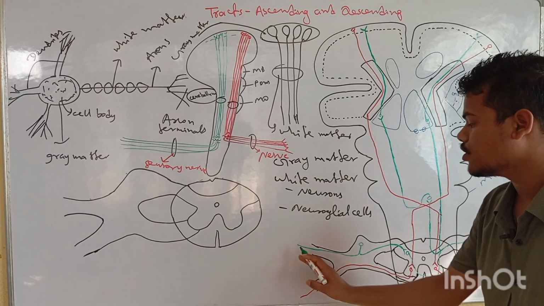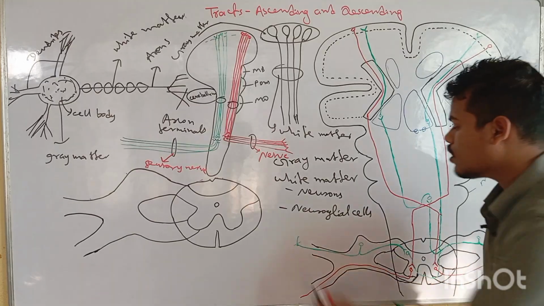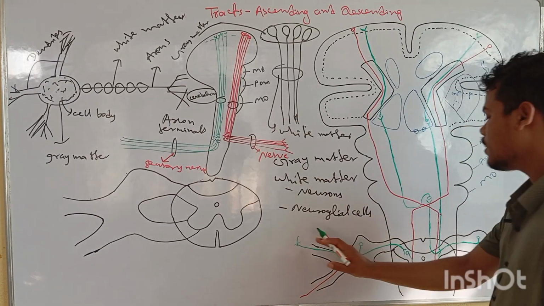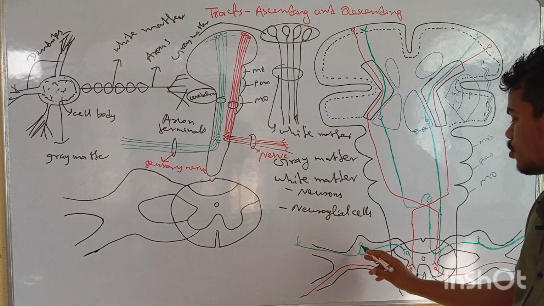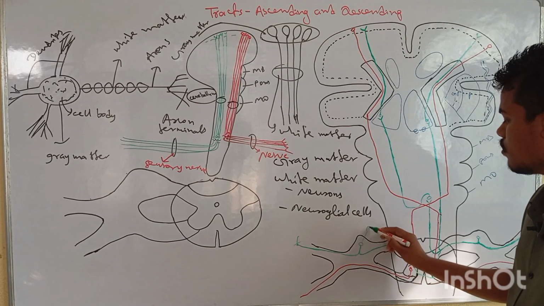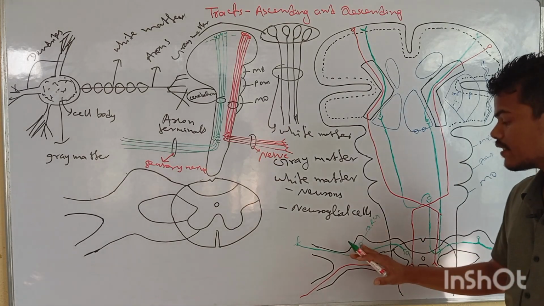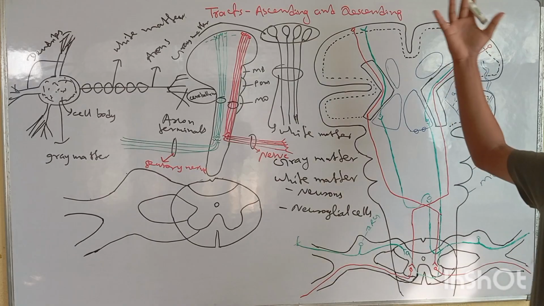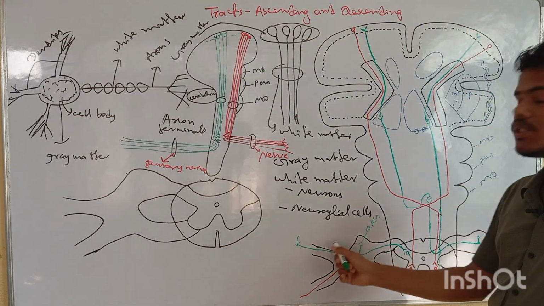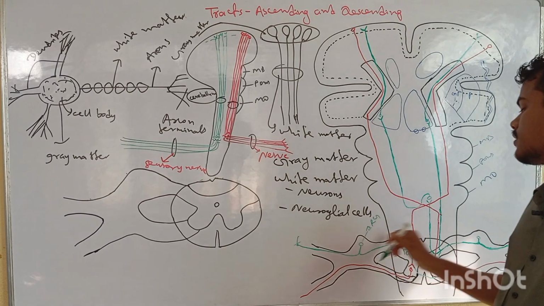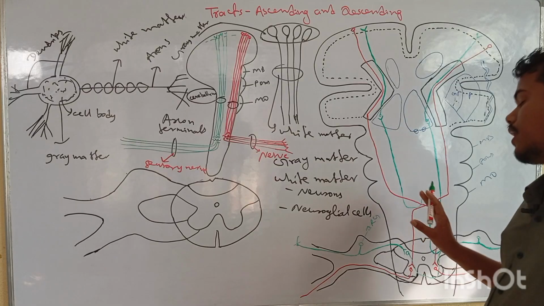Here I have drawn the anterolateral system. This fiber will collect sensory information from the periphery, and this is the pseudo unipolar neuron in the dorsal root ganglia, DRG. Don't call it Dr. G, dorsal root ganglia. And I am mentioning time and again that a collection of cell bodies outside the central nervous system is the ganglia, and a collection of cell bodies inside the central nervous system we call nuclei.